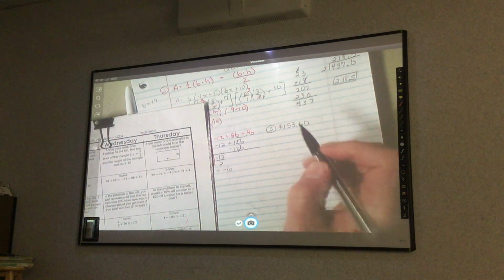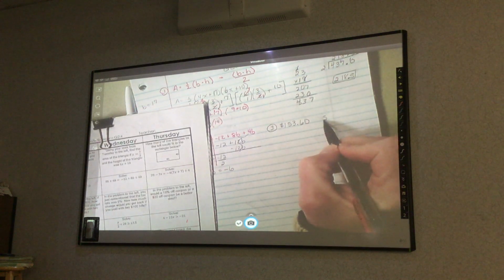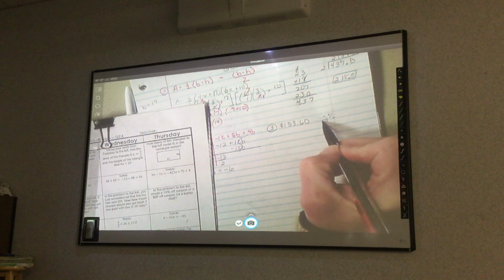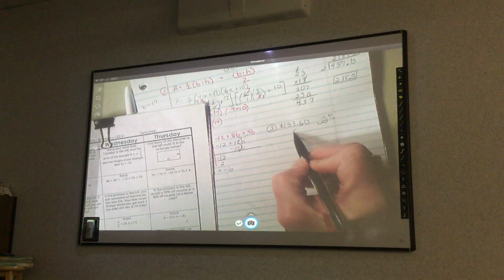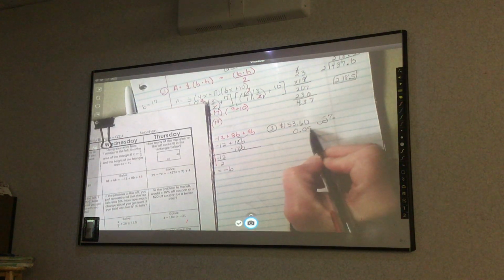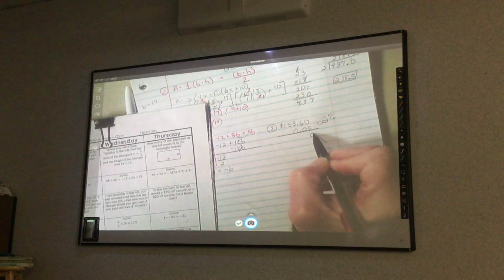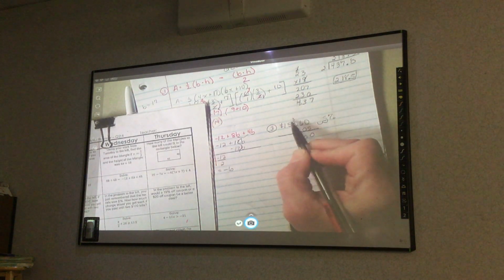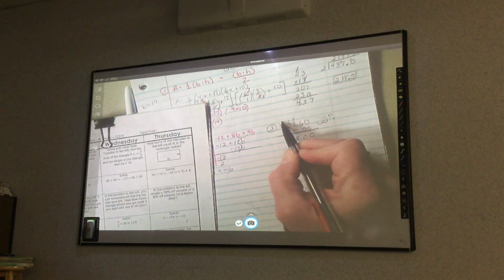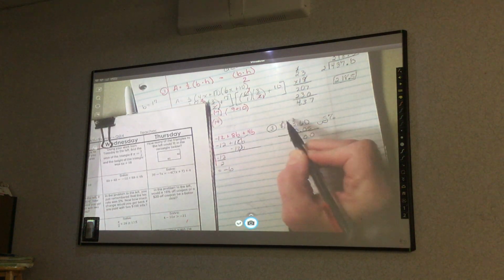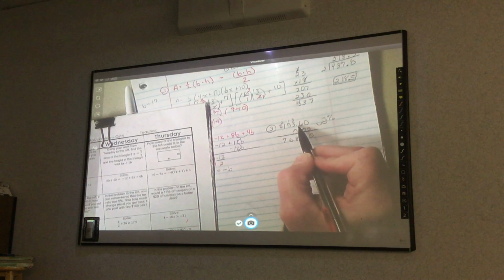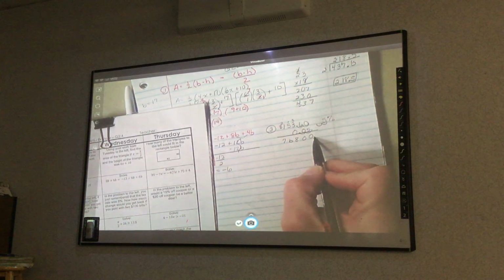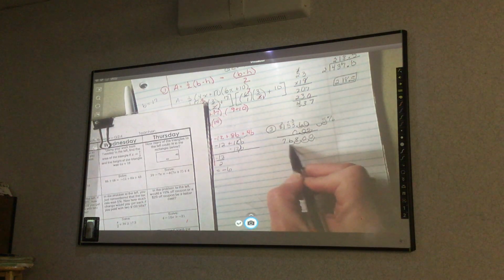Okay, so now I need to take this times my 5%. To change it to a decimal, I move the decimal 2 places to the left. So now I multiply by 0.05. 5 times 0 is 0, 5 times 6 is 30, 15, 16, 17, 18, 25, 26, so I start at the right: 1, 2, 3, 4.